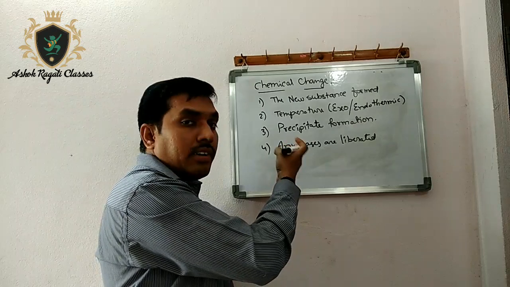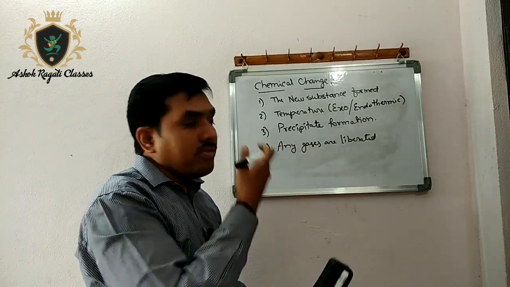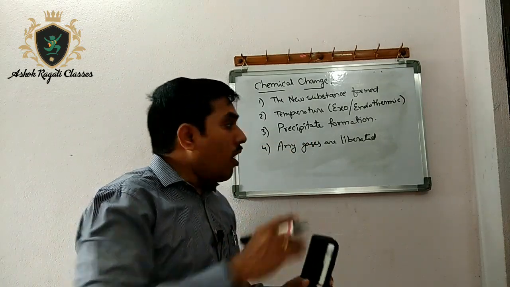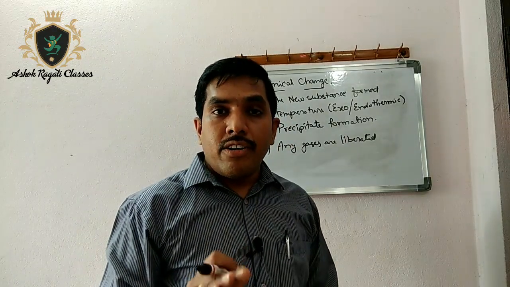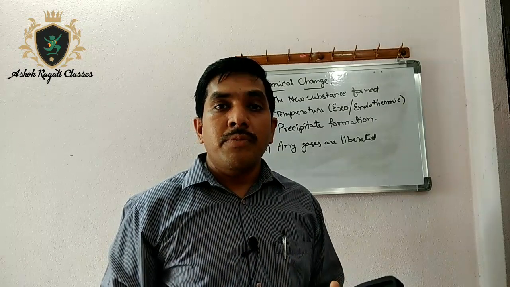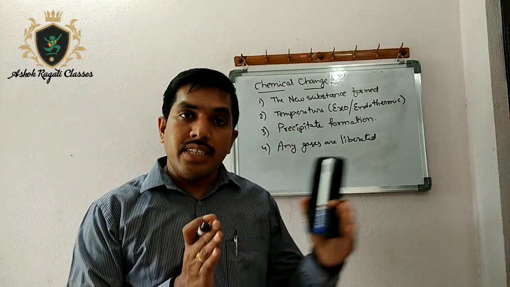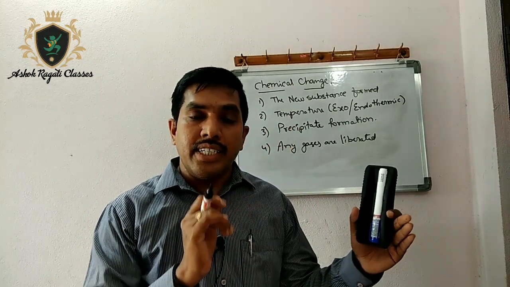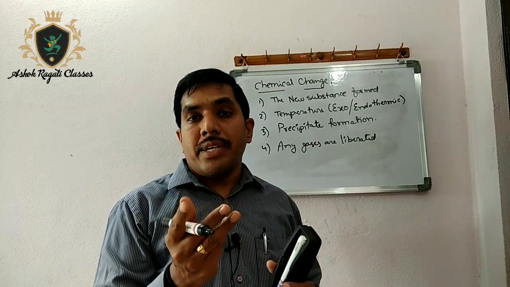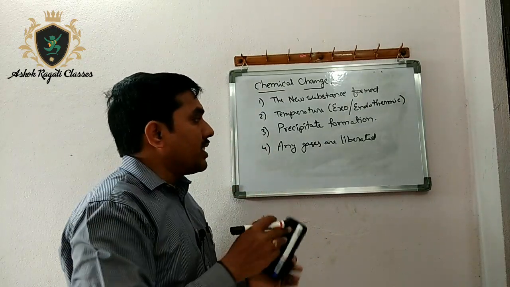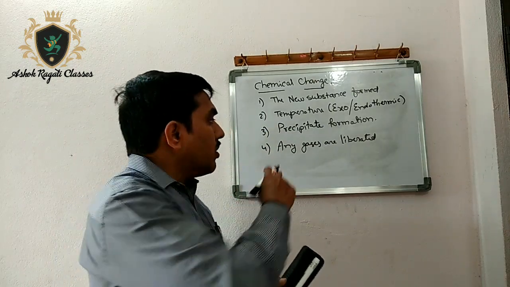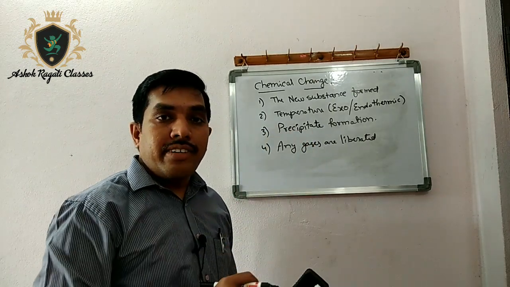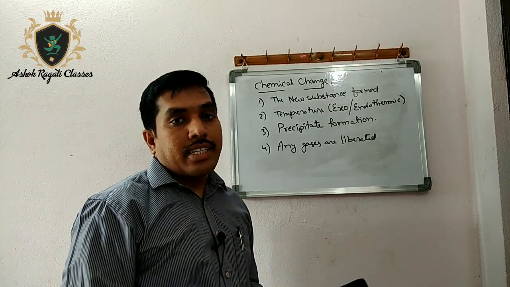Any of these may be present, all may be present. Just like the preparation of calcium hydroxide or lime water, we observed two changes: new substances are formed, and temperature is liberated. Only two are there. In the same way, in the second activity, Na2SO4 and BaCl2, that forms precipitate, and the last activity produces gases. Understood, ma'am?